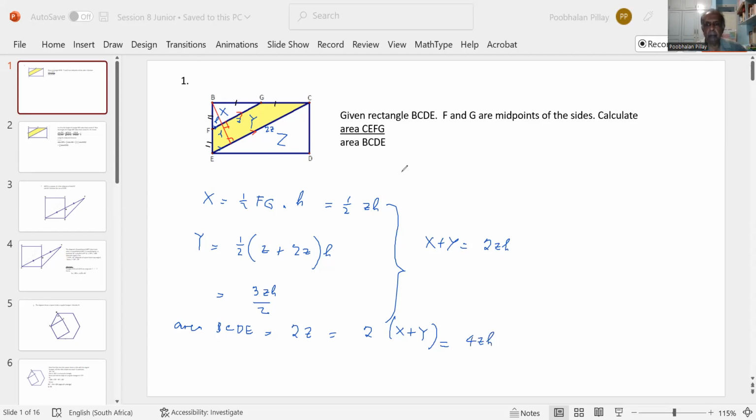Right, so now we can say what this is. CEFG was Y, and the area of the whole rectangle, we saw in BCDE, is 4 ZH.